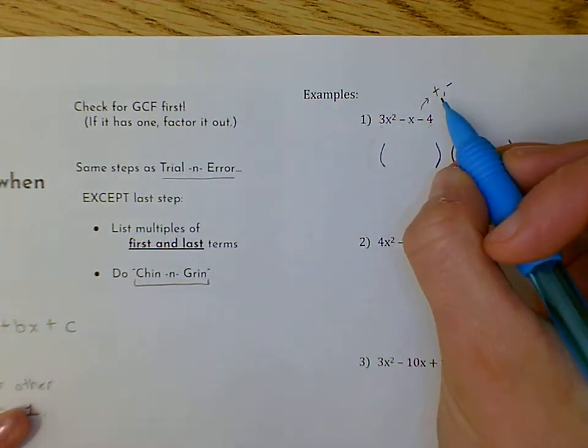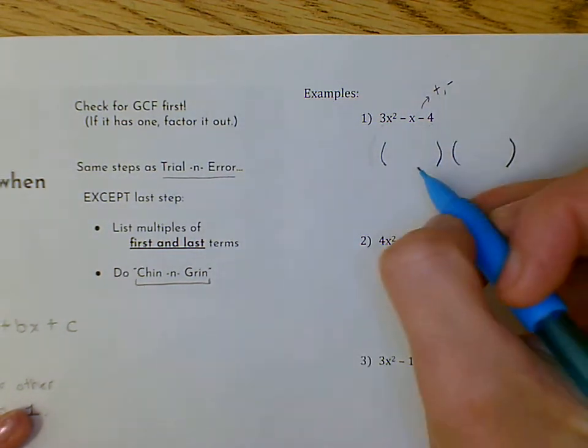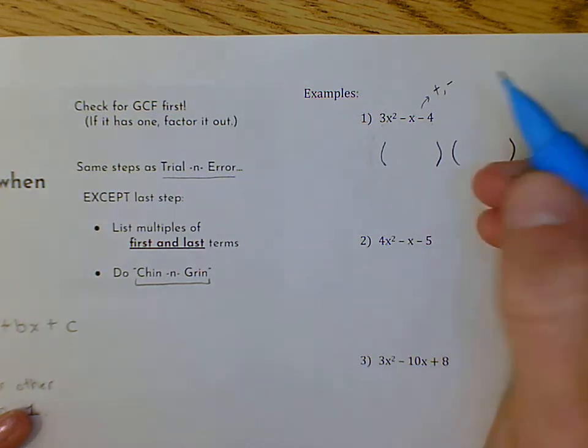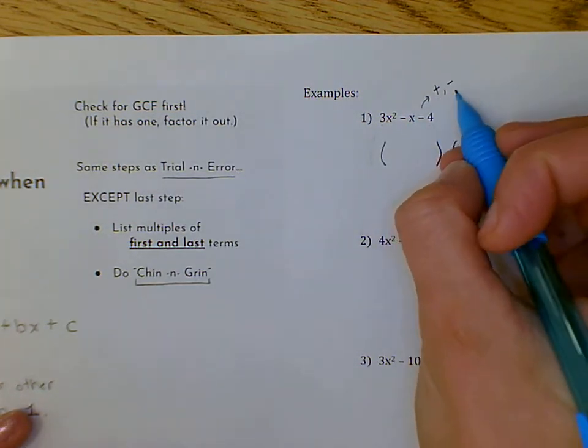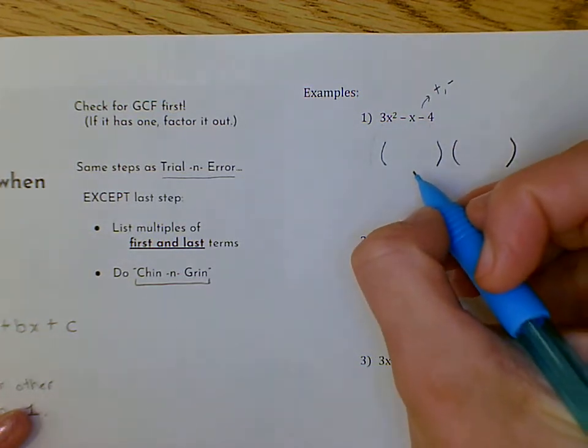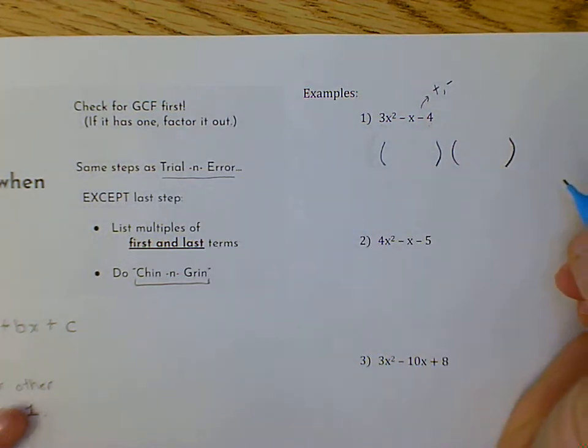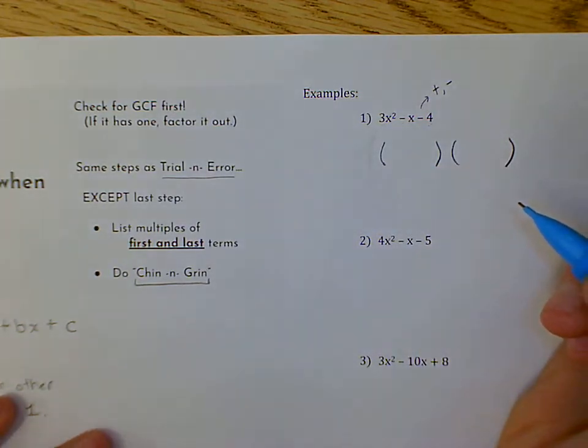Now, with the last problems, we were able to go ahead and put our signs in the parentheses. But you're going to find with these problems, if the signs are different, you have to wait before you put them in there, because where you put them is going to depend on your numbers, okay?